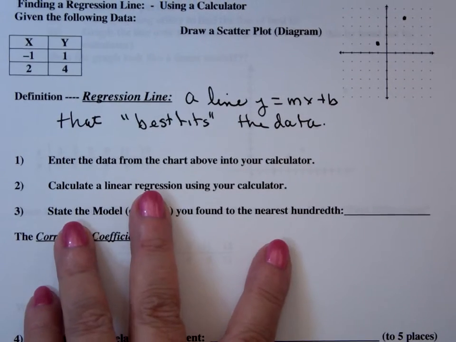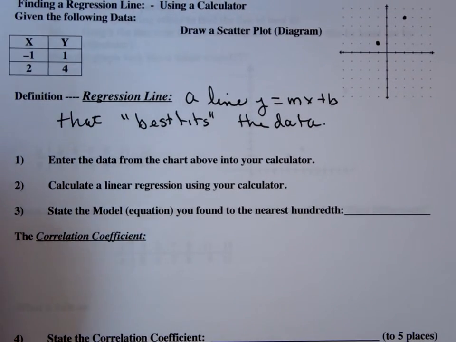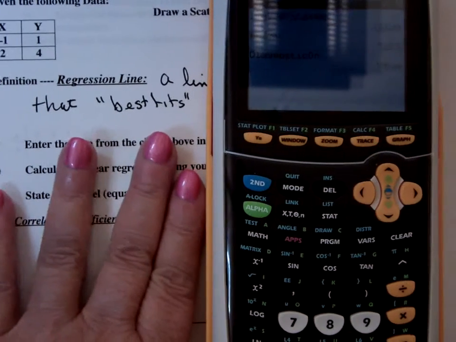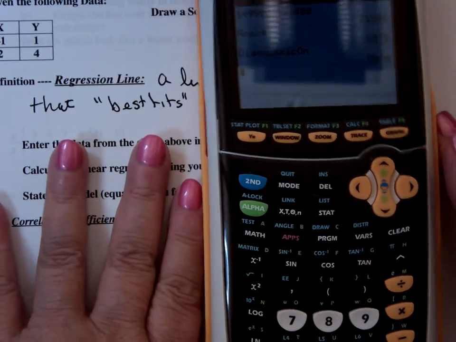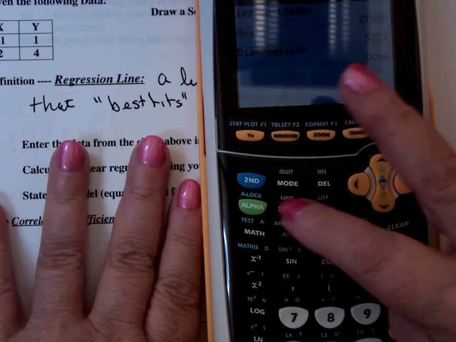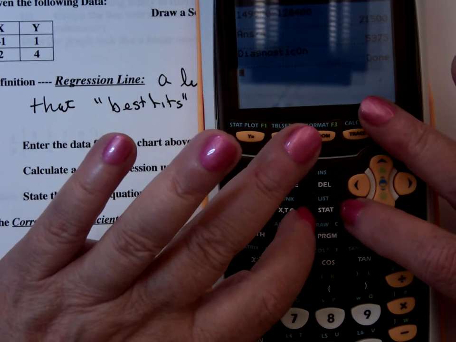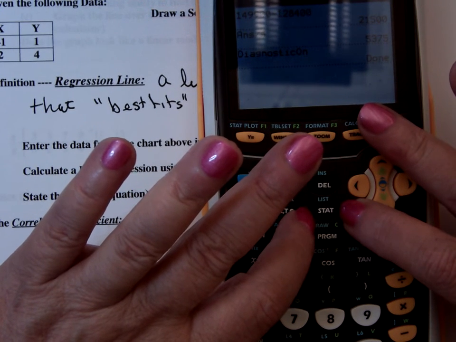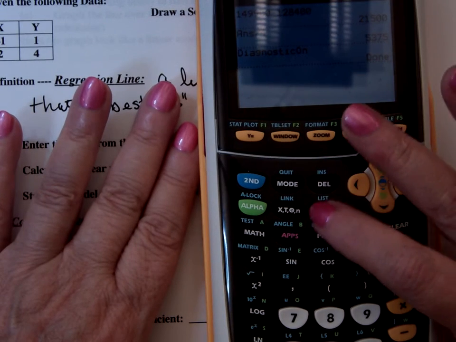Now, how do I enter the data into my calculator? What you're going to look for on your calculator is a button which is 2 rows down and 3 columns over, and notice it says Stat. And then on Stat, you will press Edit.